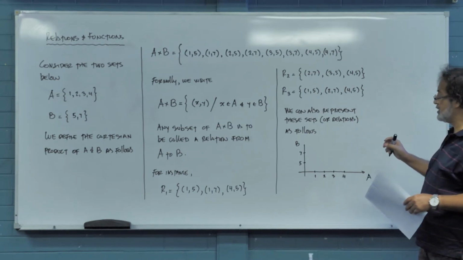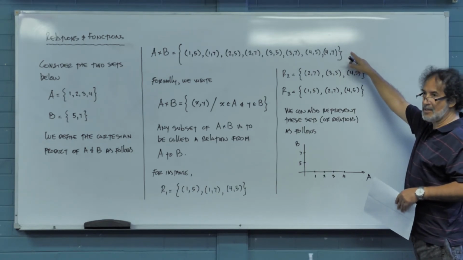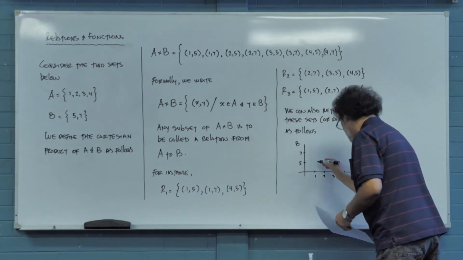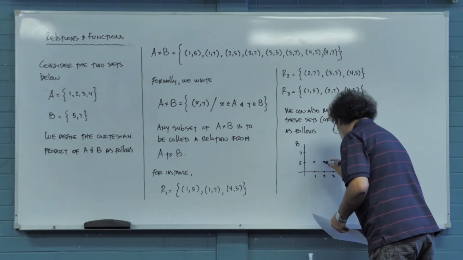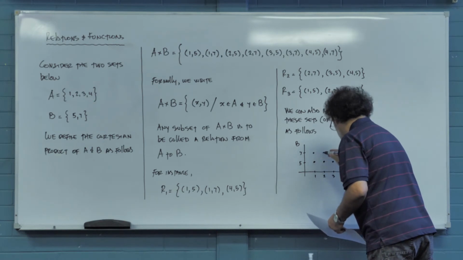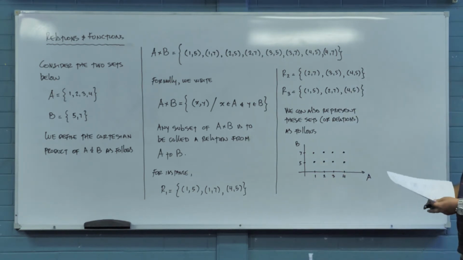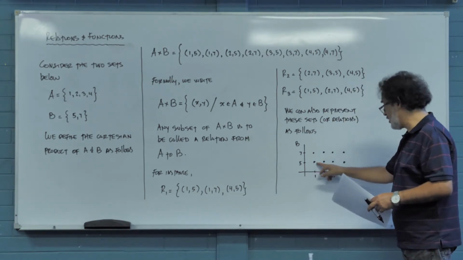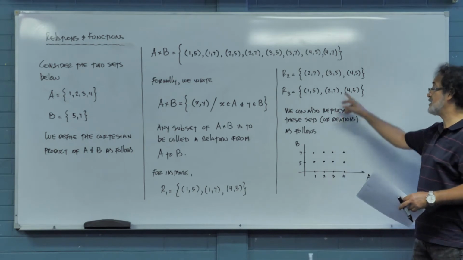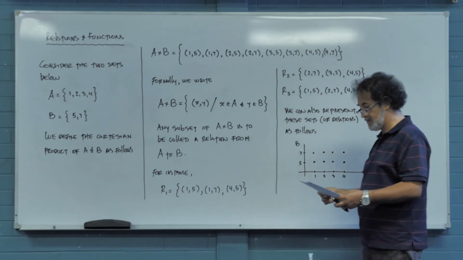Then if you plot the original A times B set, the Cartesian product, you're going to have a picture that looks like this. So we have one go to 5, 1 go to 7, 2 go to 5, 2 go to 7, and so on. Exactly what we have in here, but in here we have a diagram. Can you see that?